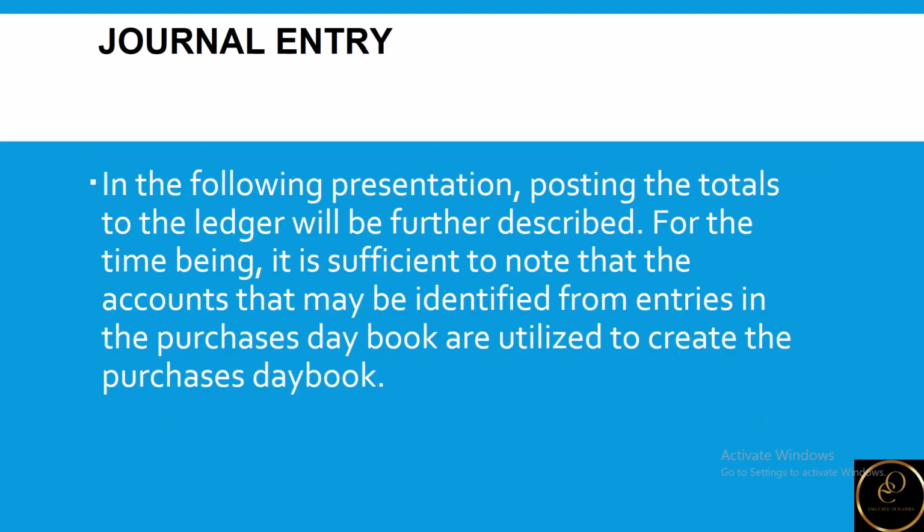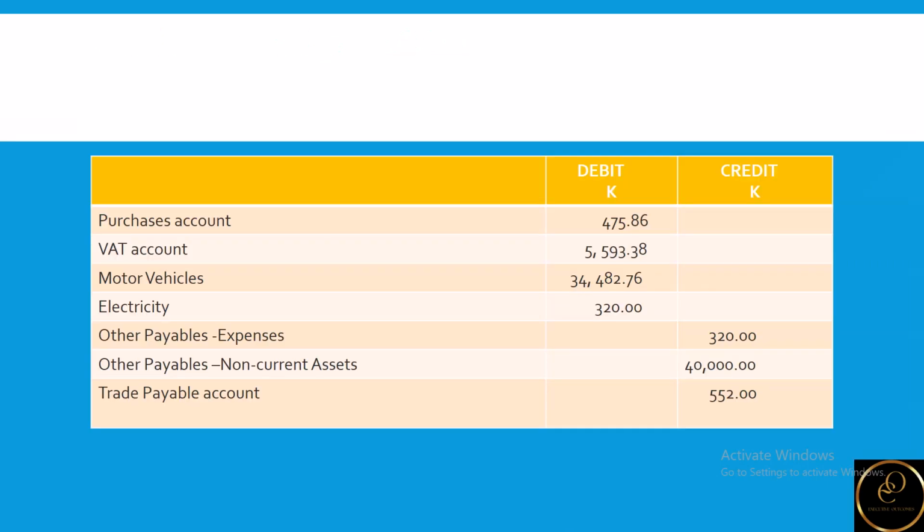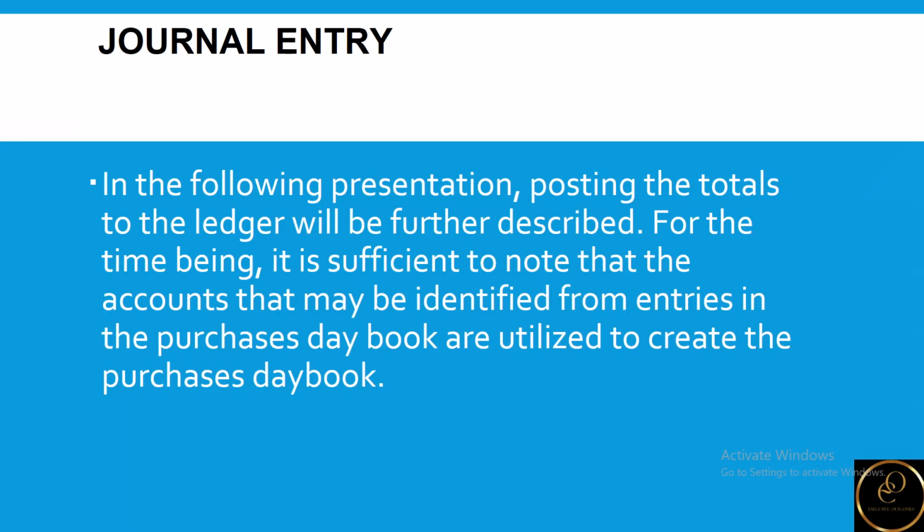We also look at the 34,482, which is relating to motor vehicles. We also look at the 320 kwacha relating to hydropower.